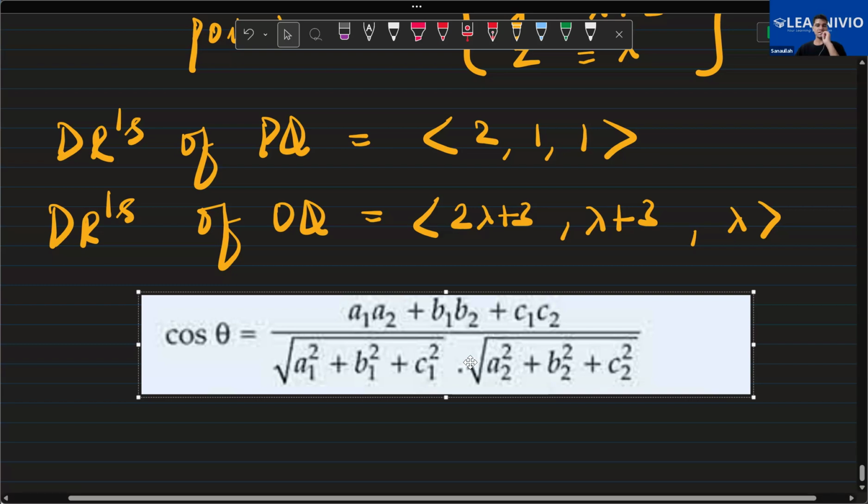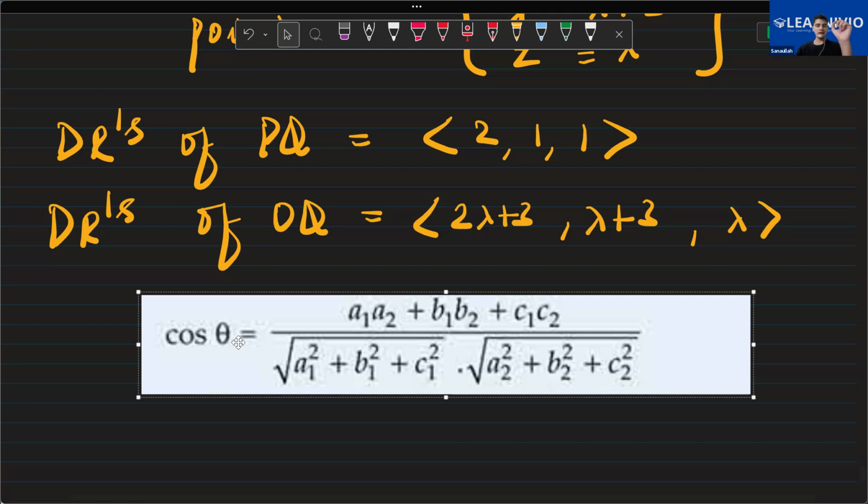From here we derive two conditions, if cos theta is 0 and if cos theta is 1. So this is the general formula for finding the angle between two lines, if you know the direction ratios of those lines.